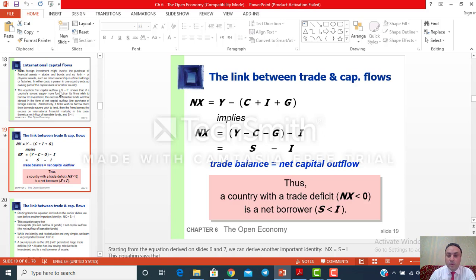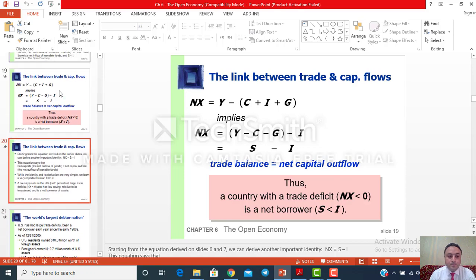When you subtract consumption and government spending, the remaining amount is savings minus investment, so you have the net capital outflow. And from the equation above, the trade balance equals the net capital outflow.